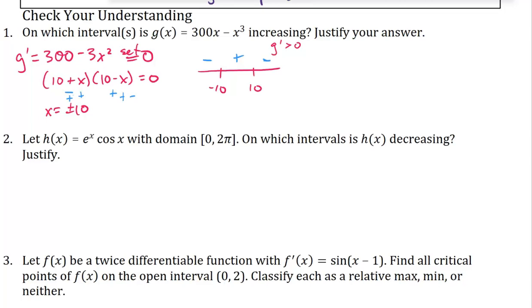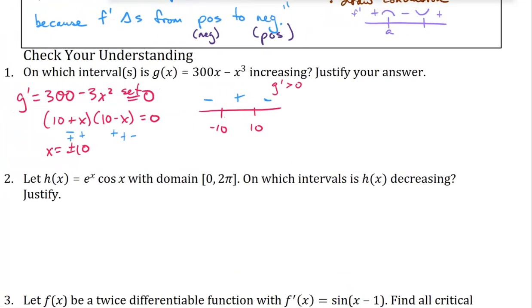All right, so what I have determined is that my derivative is negative, then positive, then negative. So that means that the interval where G is increasing is in between here. So I'm going to say, G is increasing on -10 to 10, and I'm justifying by saying because G prime is greater than 0, and that's all I need.